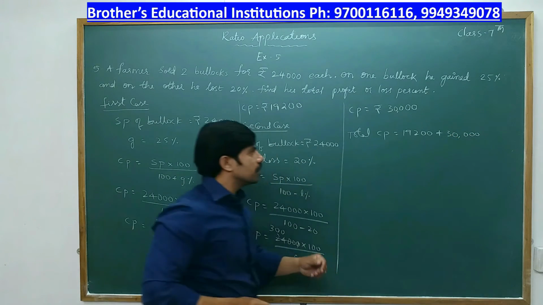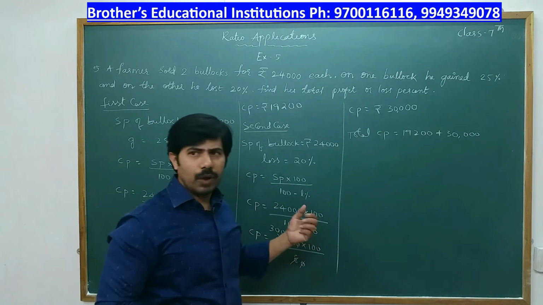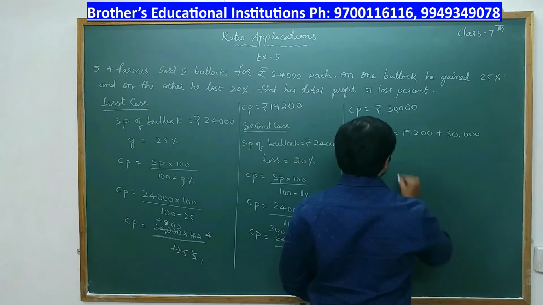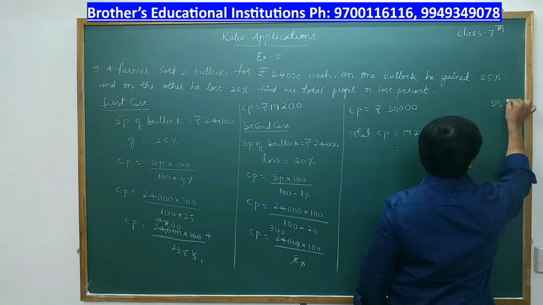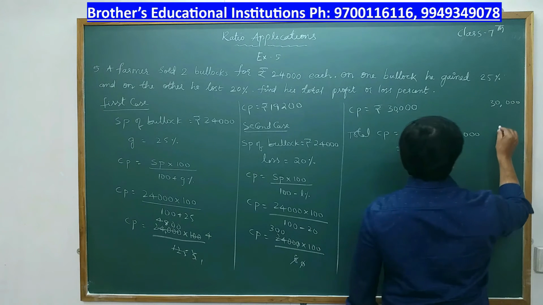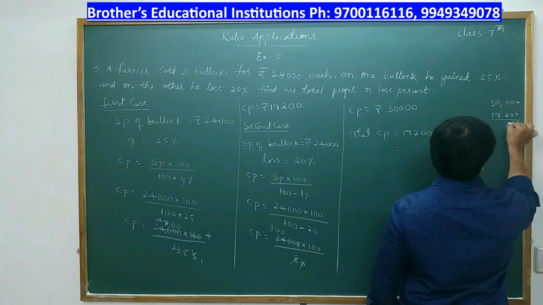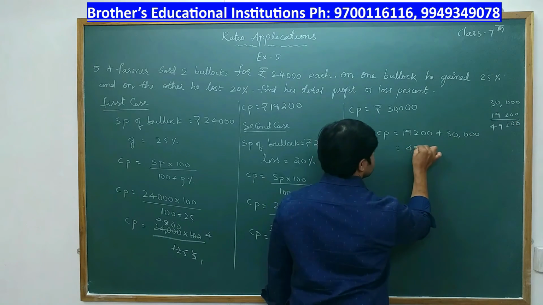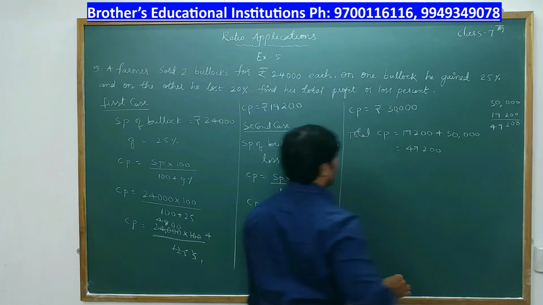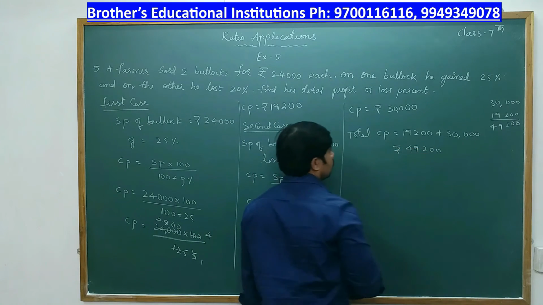So 19,200 plus 30,000 we have to add. If we add these two, total CP will be 49,200 rupees. Right? This is the total CP.